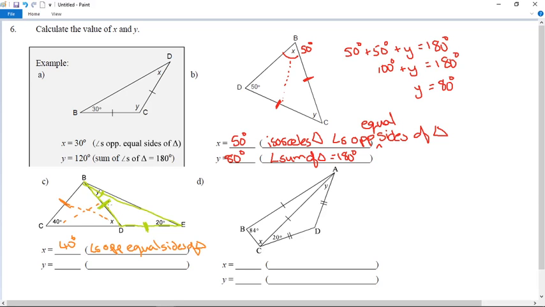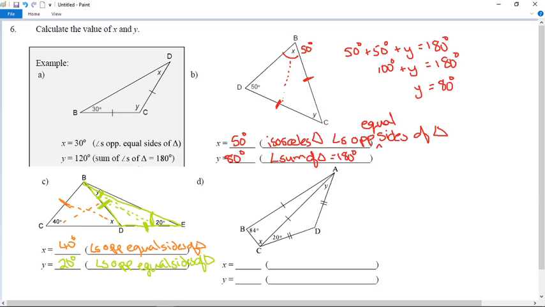So the rule is the angle is equal opposite the congruent side. So if this one on the bottom is 20 degrees, this other one y has also got to be 20 degrees. And the reason is the angles on the opposite equal sides of the triangle.